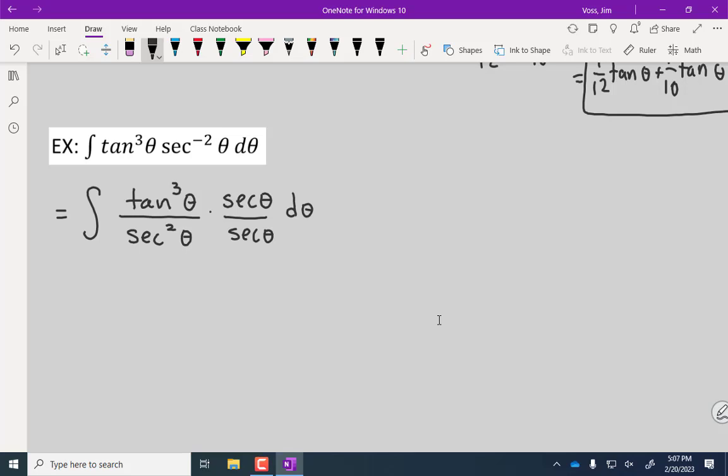Now in the numerator, we can pull off a sec tan. We pull off our sec tan, and we're going to be left with tangent squared divided by secant cubed, and a sec tan is what we are pulling off to the differential.